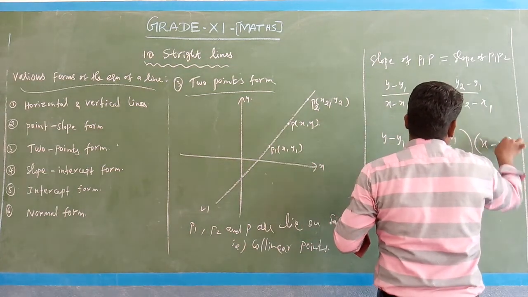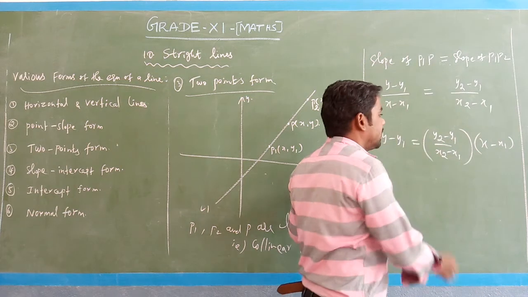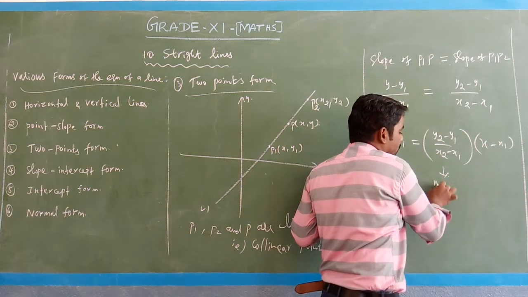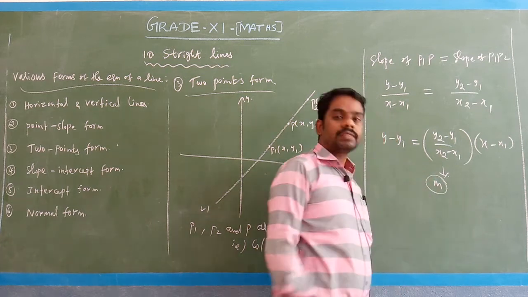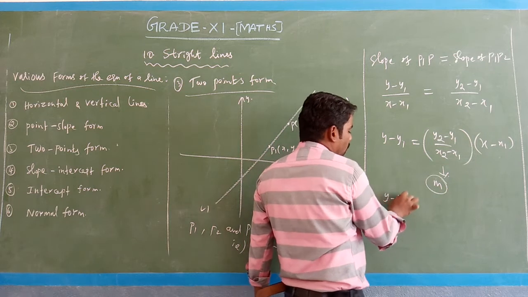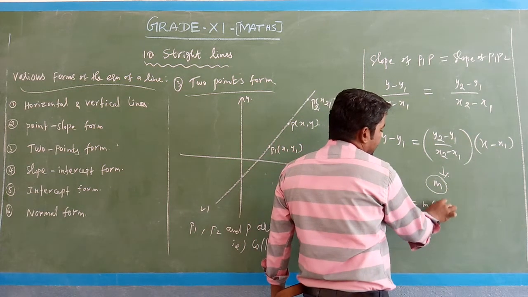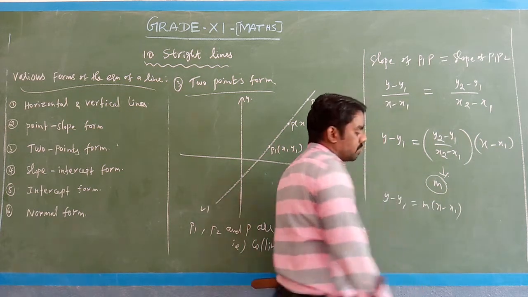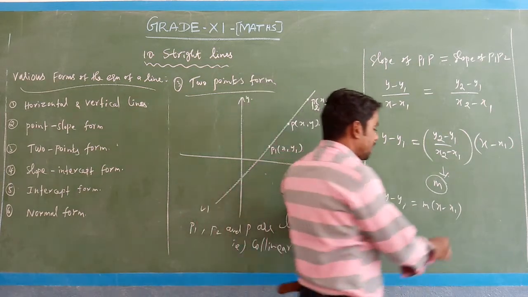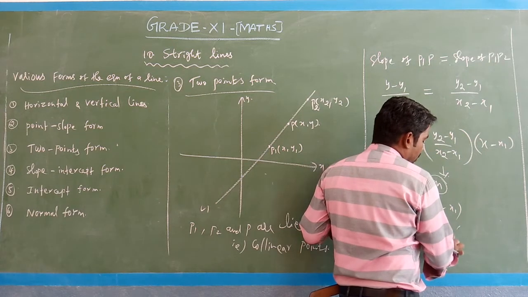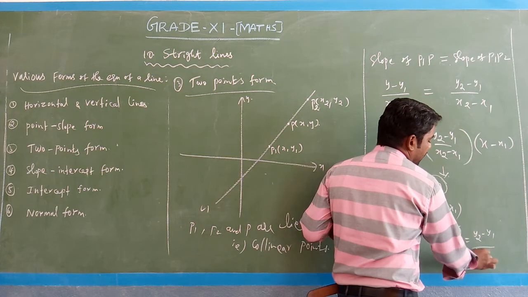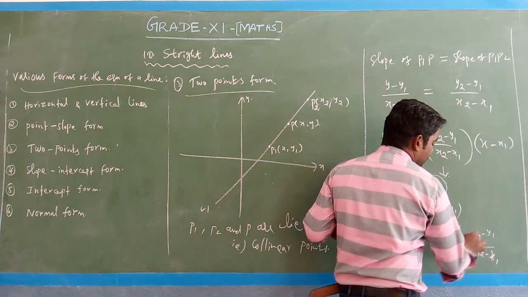Here, y2 minus y1 divided by x2 minus x1 is the slope of the line, m. So y minus y1 is equal to m times x minus x1, when m equals y2 minus y1 divided by x2 minus x1.